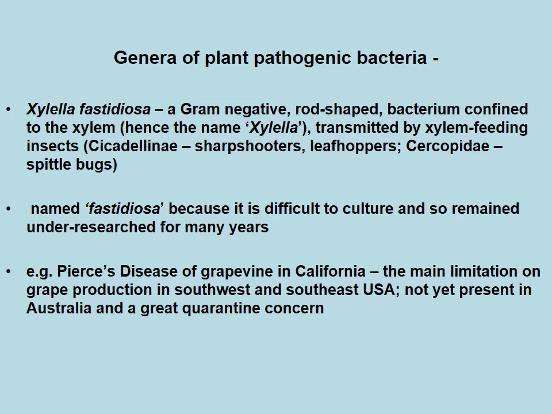Xylella fastidiosa causes Pierce's disease of grapevine in California, and this is the main limitation on grape production in southwest and southeast USA. It's not present yet in Australia, and of course this is a great quarantine concern.